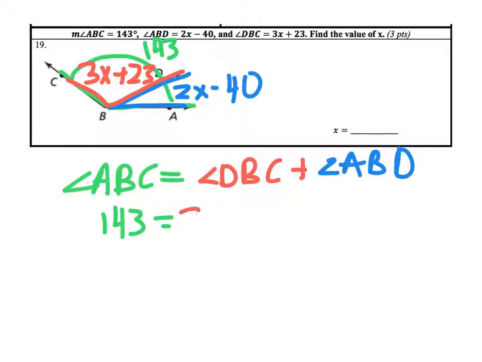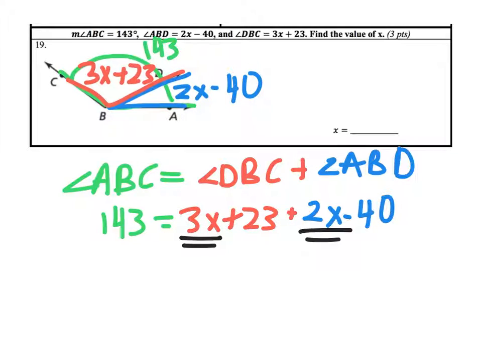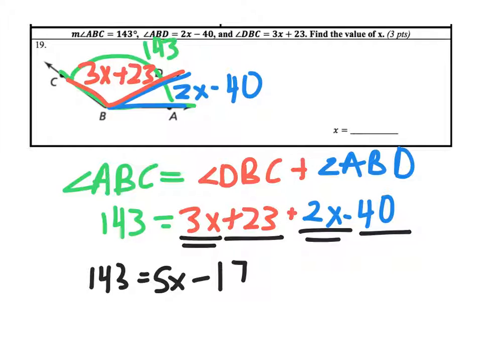That's equal to 3x plus 23 plus the blue one, which is 2x minus 40. We're going to go ahead and combine our like terms and solve for x. So I notice we have a 3x and a 2x. So we have 143 equals 5x. And then we have 23 minus 40, which should give me a negative 17, I believe. 17, yeah.